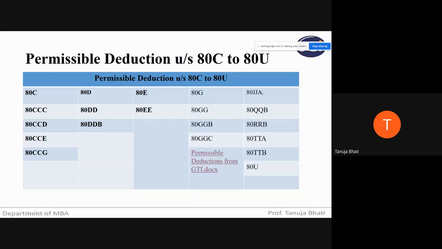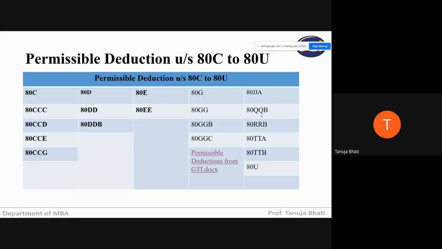Next, 80JJ, sorry, this is AA. 80JJAA is for any person who is subject to section 44AB, that is tax audit. He will get a deduction in respect of employment of new employees, and the deduction is 30% of the additional cost incurred.